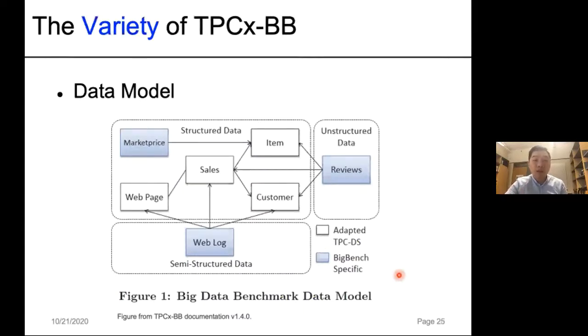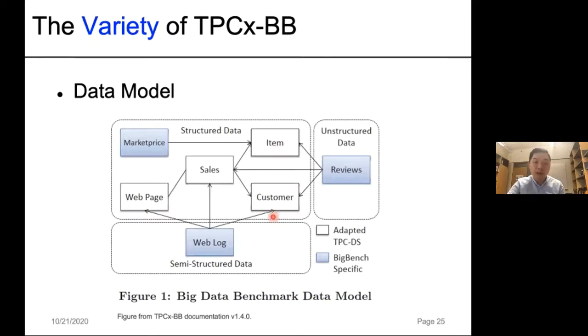So for the variety of TPCx-BB, it has a data model including structured, semi-structured, and unstructured data. This figure shows the data model of TPCx-BB. The structured component of Big Bench is adapted from the TPC-DS benchmark, and they also introduced a new table named market price for competitors' names and prices of each item.